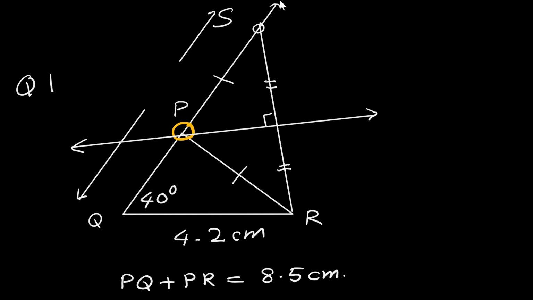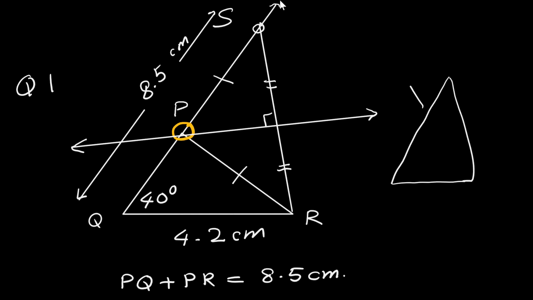PQ plus PR is 8.5, but PR and PS are equal. So what is PQ plus PS? 8.5. So now we can construct triangle QSR because two sides and the included angle are known.